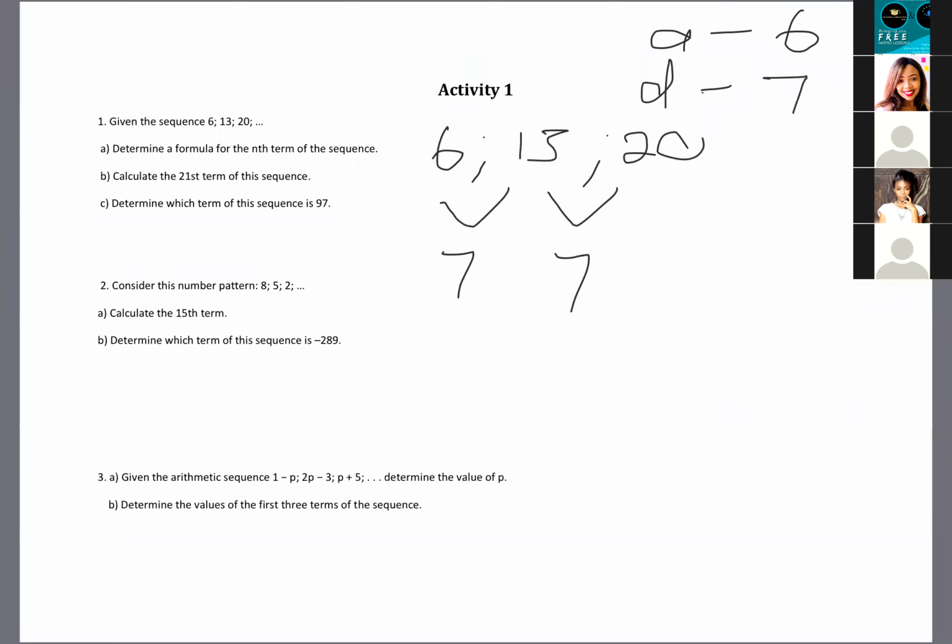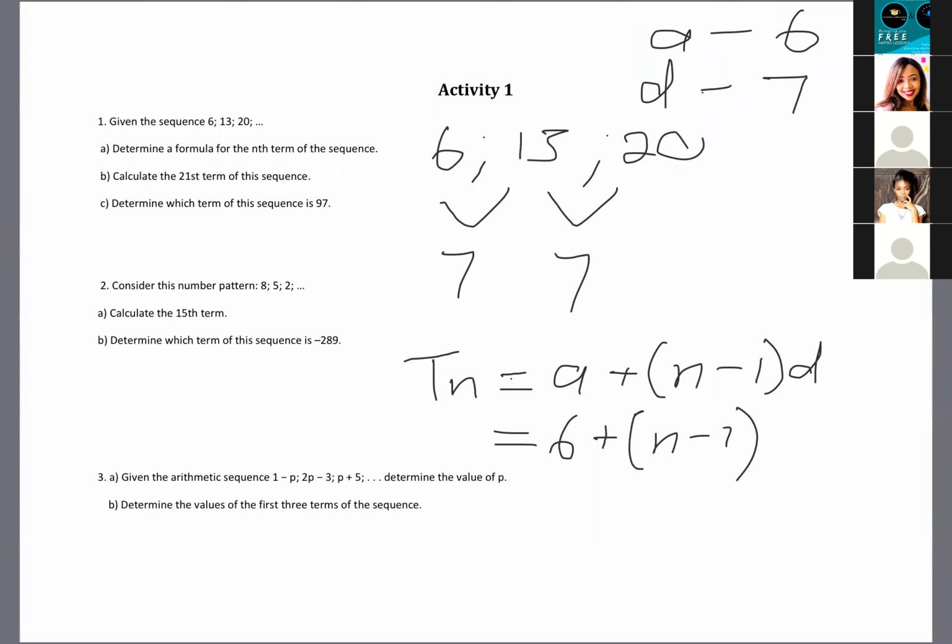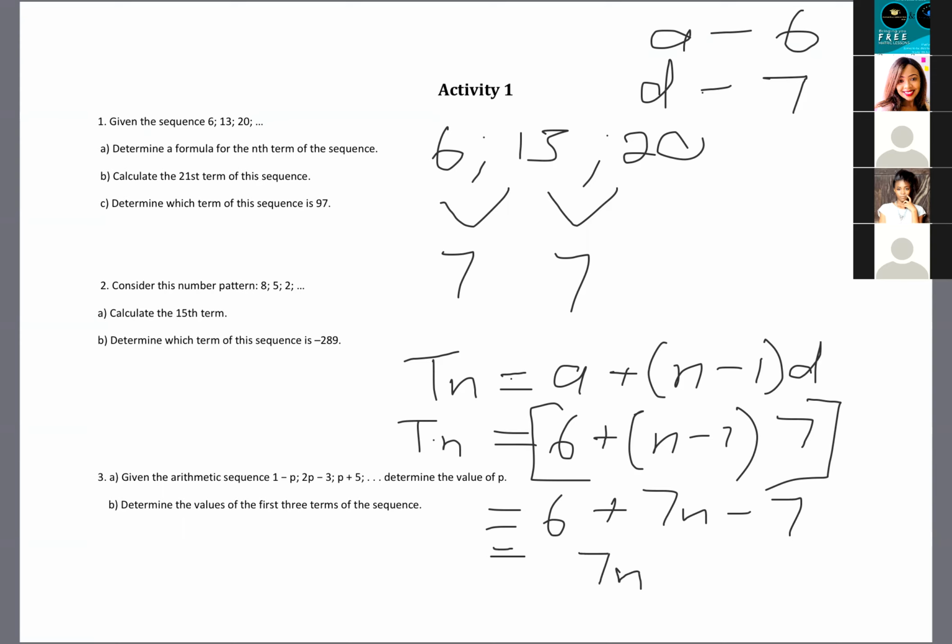And then when I substitute it in, I'm going to say Tn is equal to, remember my formula is A plus (n minus 1)d. So I substitute my A, which is 6, plus (n minus 1), then I substitute my d, which is 7. And then I just simplify this by multiplying out the 7: I'm going to have 6 plus 7n minus 7, which is then equal to 7n minus 1.